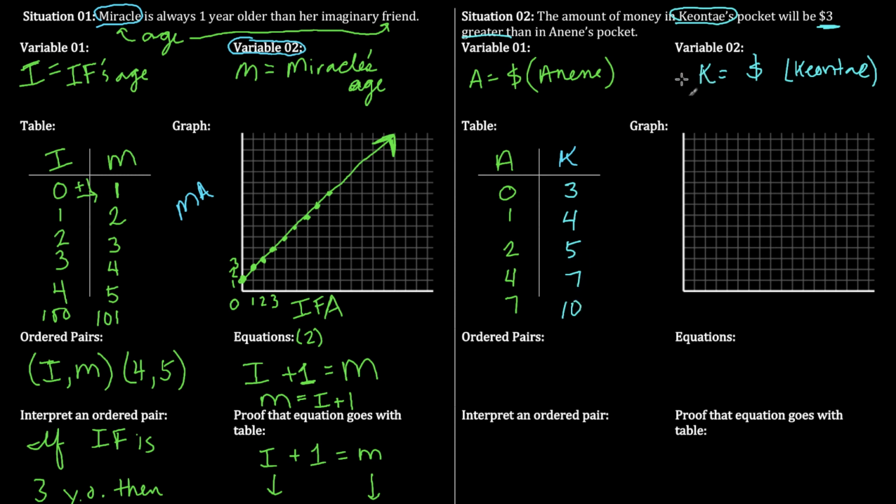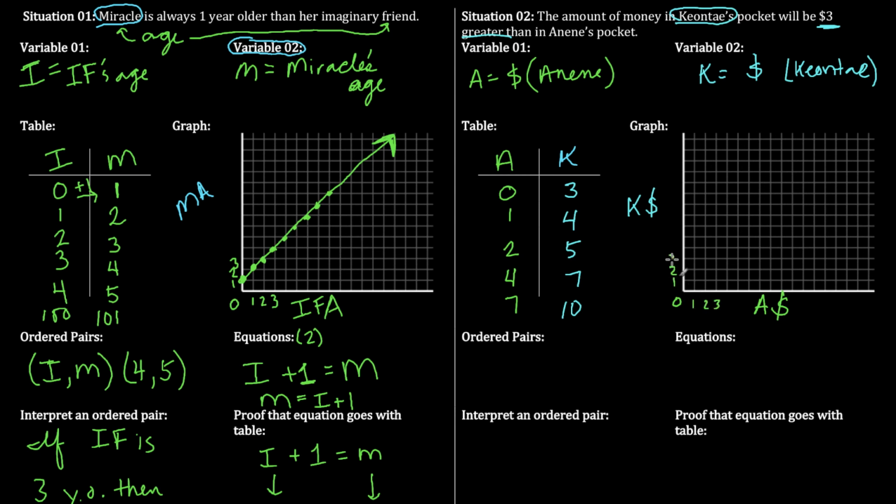Now remember, we put the ones that we're talking about, like we're talking about Keontae's money, really. That goes right here. So Keontae's money. And we'll put Nene's money down here. So if Nene has 0, then we have to count the 0, 1, 2, 3.